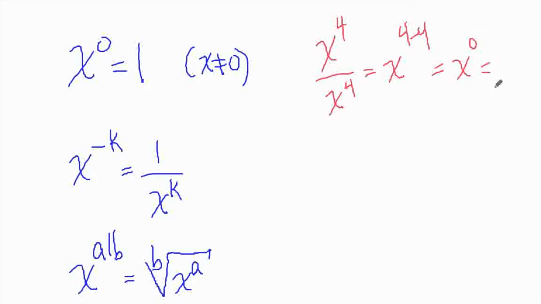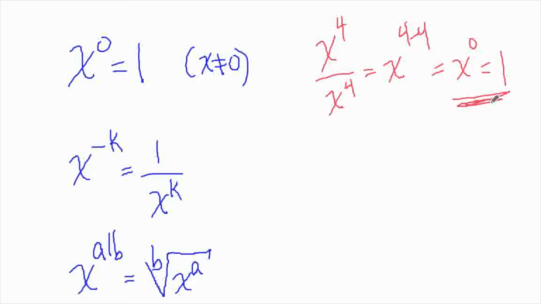Now, we also learned from algebra that whenever the numerator and denominator are the same, as long as they're not 0, that's equal to 1, right? So that fraction is 1. So can you see how this definition integrates the best with the quotient rule?